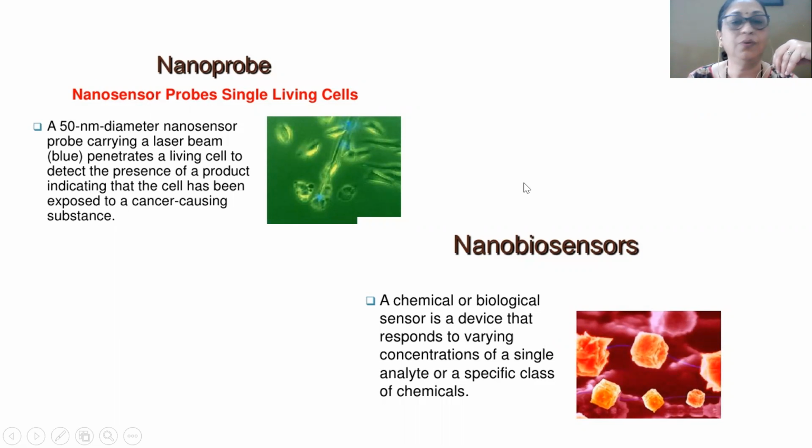Here one more thing you can observe, another type of nanosensor, that is the nano biosensor. This is a chemical or biological sensor, and it responds to varying concentration of a single analyte or a specific class of chemicals, and it converts this analyte into some change in electrical property of that material.